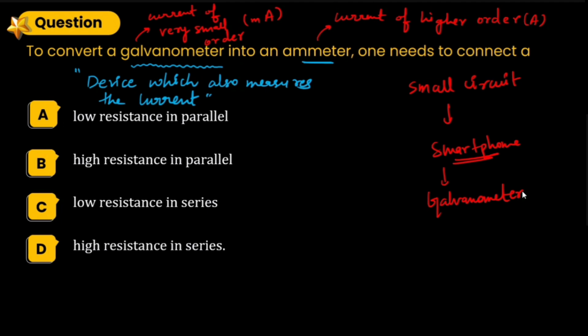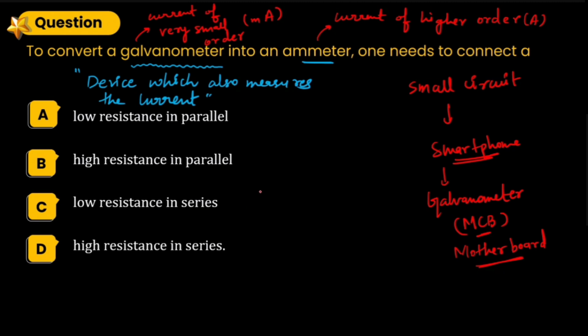Basically, all the stuff inside a smartphone contains a circuit, and that circuit is nothing but a small board, the motherboard of the phone, which contains all the circuits, and in those circuits, current flows. So whenever there is a defect in the phone, we use a galvanometer to measure that current. Let us understand how we can use the galvanometer.